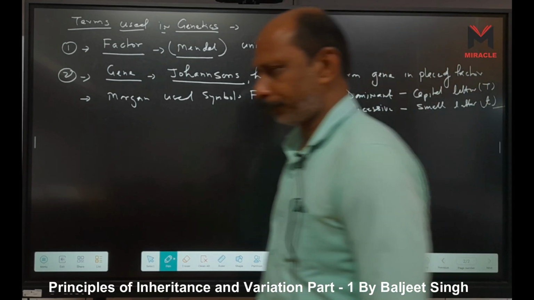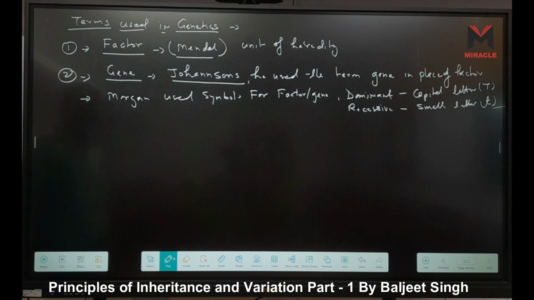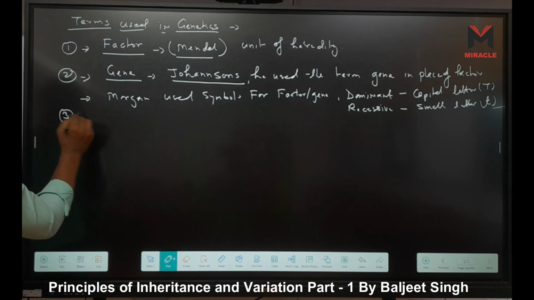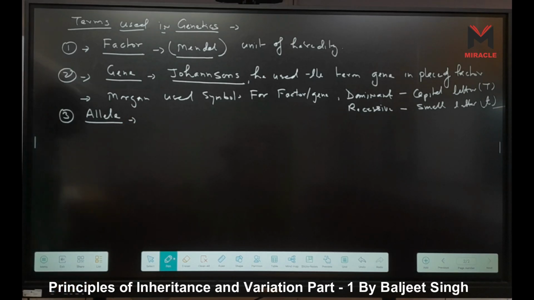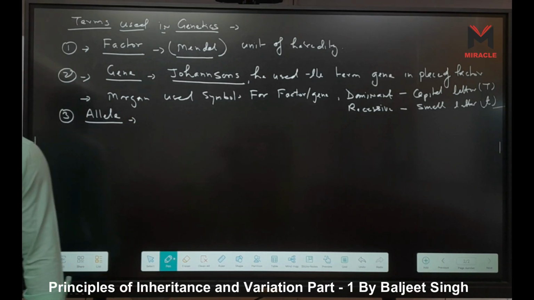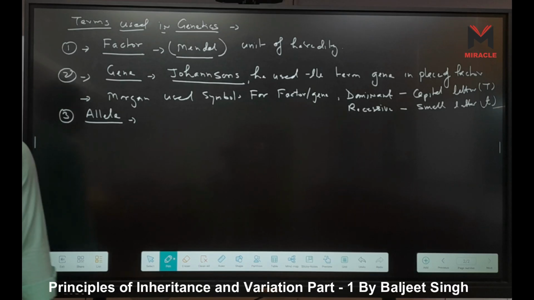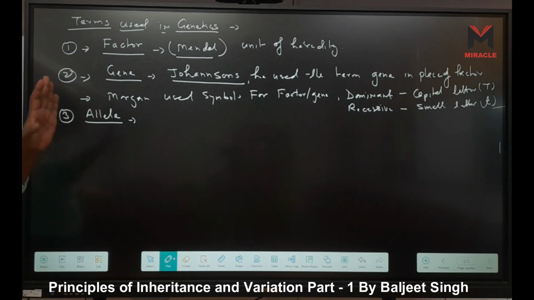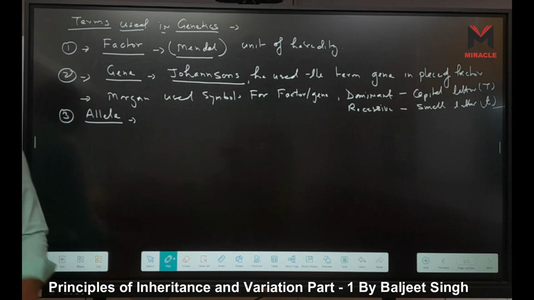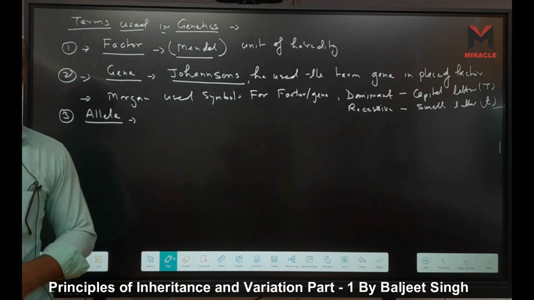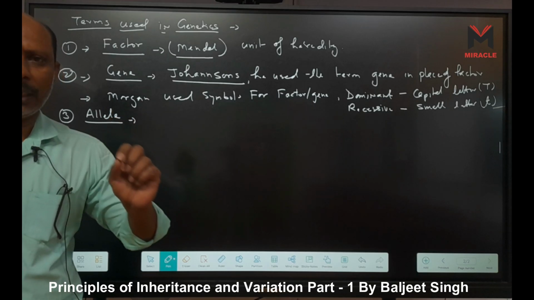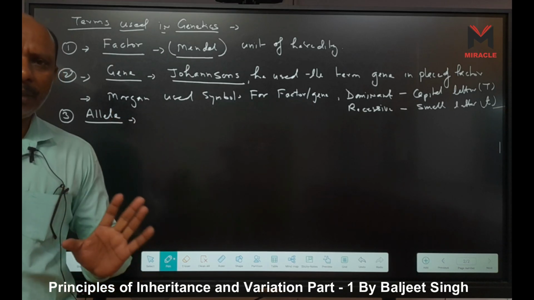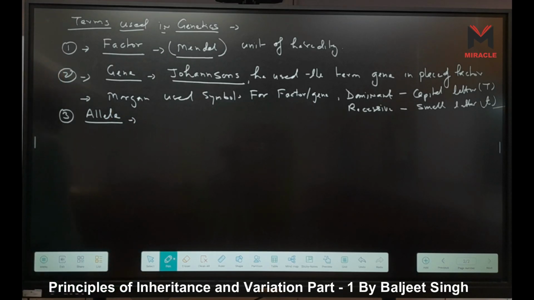Now another term, the third, allele. Full form of allele is allelomorph, right? Allele means the alternative forms of a gene which are located on the same loci of homologous chromosomes. Loci means locations, right?